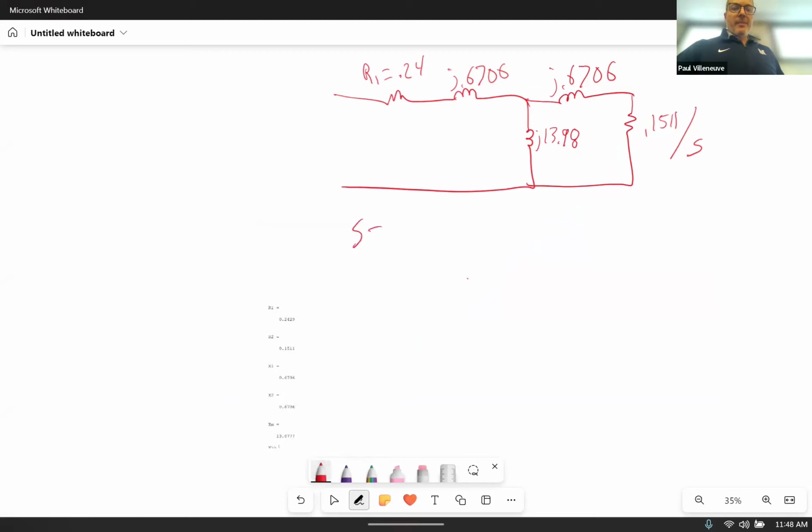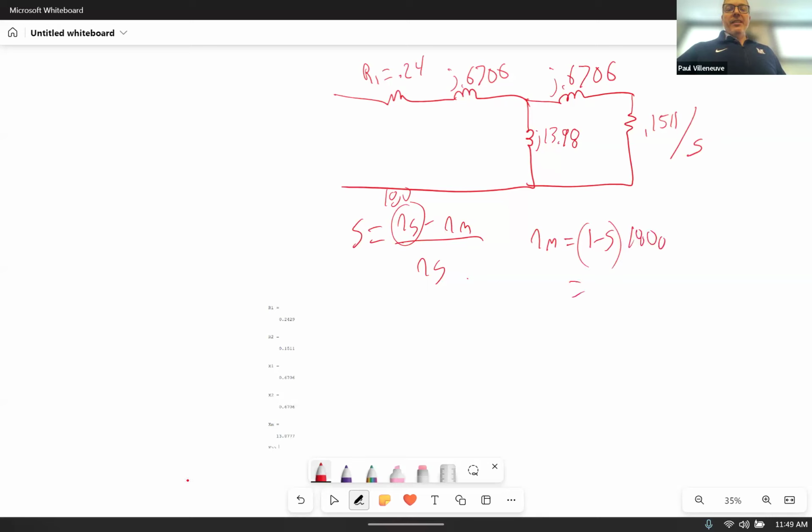The slip is equal to NS minus NM all over NS. We know what NS is supposed to be, right? It's a 4-pole machine, so this is 1800. So we can solve for that. NM equals 1 minus S times 1800.